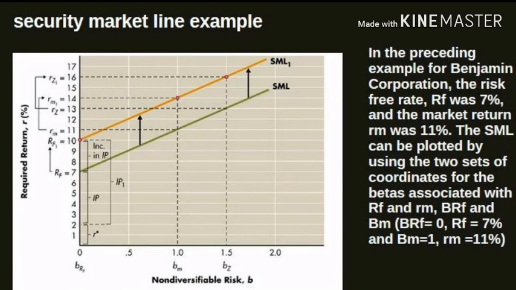And in the preceding example for Benjamin Corporation, RF was 7%, right? Rm was 11%, and then the return on asset Z, as we computed, was 13%, and the line will always be a straight line.